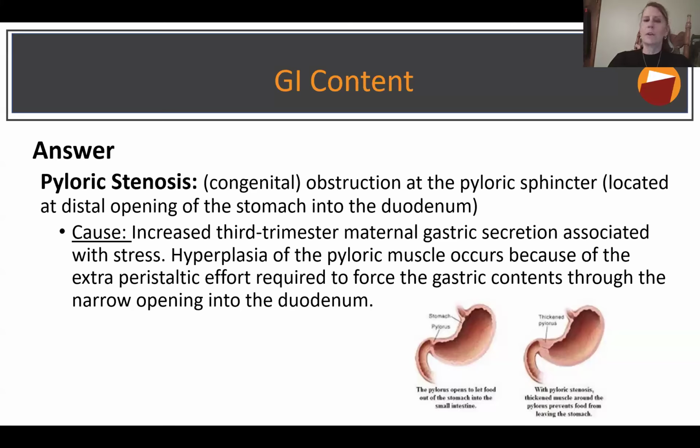They think it is due to increased maternal gastric secretions related to stress during the 3rd trimester of pregnancy, and there's hyperplasia of that muscle, and then it narrows the duodenum.